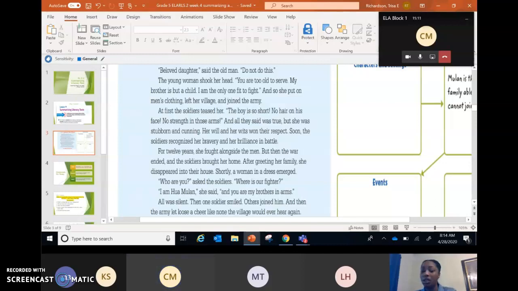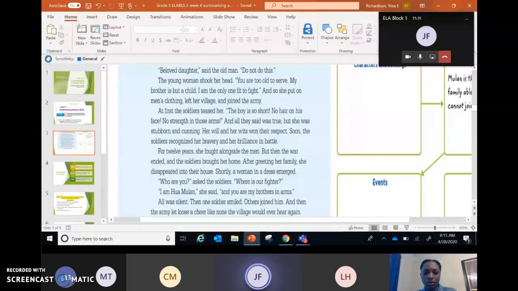For 12 years she fought alongside the men, but then the war ended, and the soldiers brought her home. After greeting her family, she disappeared into that house. Shortly, a woman dressed in a dress emerged. "Who are you?" asked the soldiers. "Where is our fighter?"